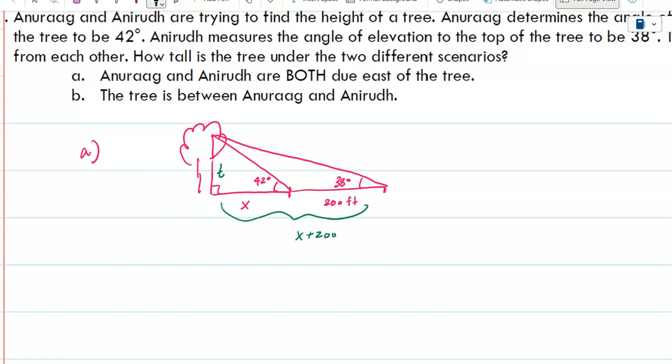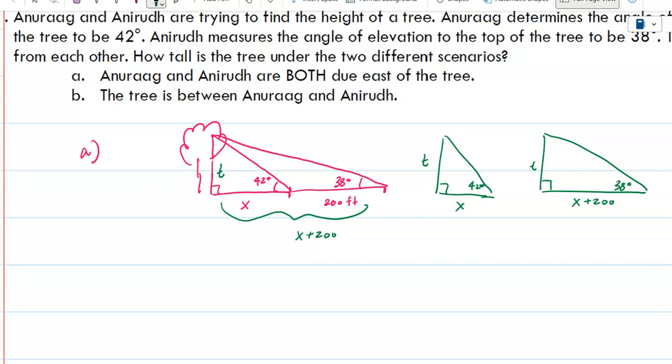So we have two triangles. One looks like this, 42 degrees, that's x, and that's t. The other has this entire thing as x plus 200, and that's t, and that's 38 degrees. What do they have in common? They have the variable x in common, and the variable t in common, and we're trying to look for t.